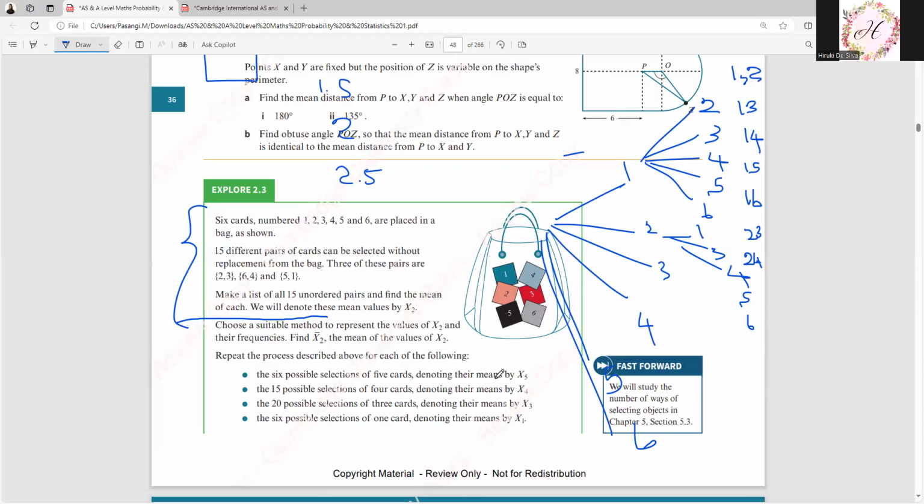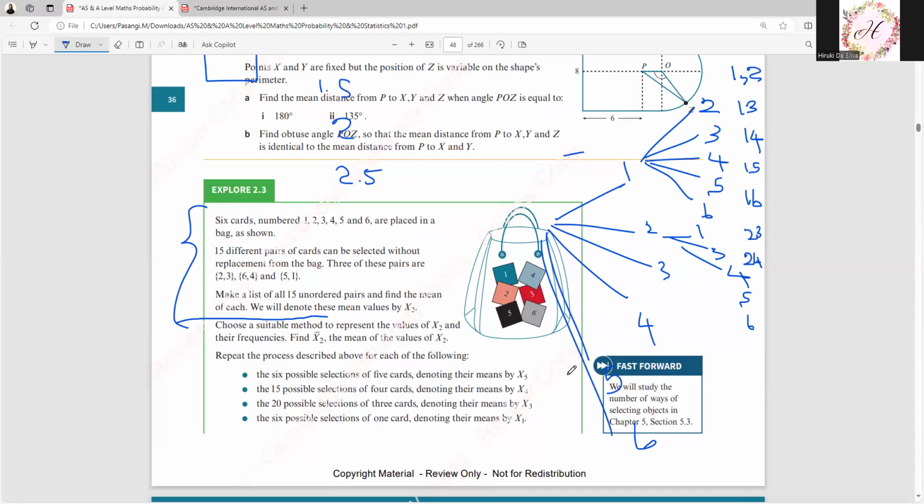Earlier we did it with six cards, then they ask us to do it again by using five cards, four cards, three cards, one card. Likewise, we can repeat the same process to calculate these x5, x4, x3, x1 as well.